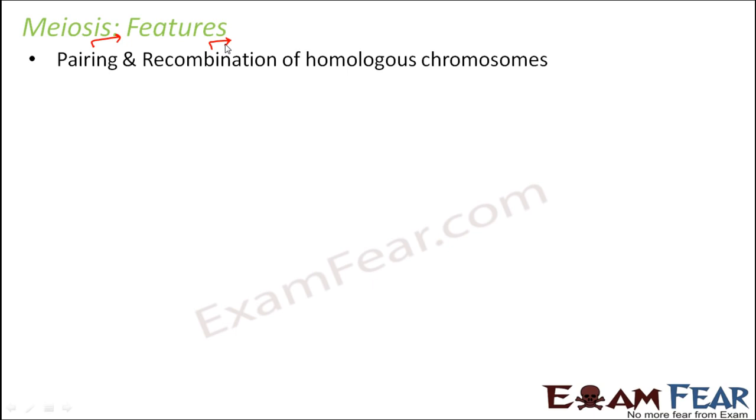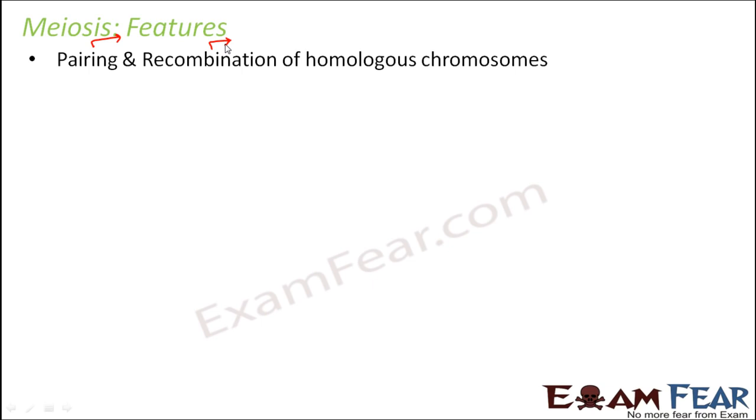Since here you have 2 separate gametes, the male sex cell will contribute something, the female sex cell will contribute something, and then pairing between the two will happen, and recombination, that means sharing. Some part of the male will get exchanged with the female, and some part of the female will get exchanged with the male. That way recombination will happen.